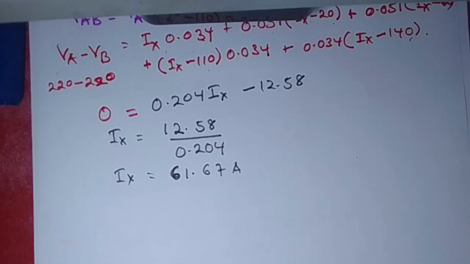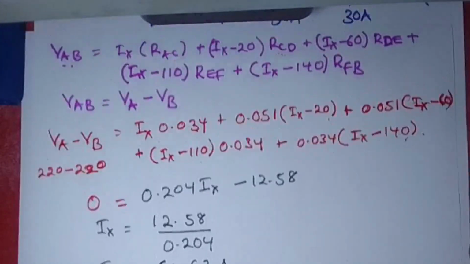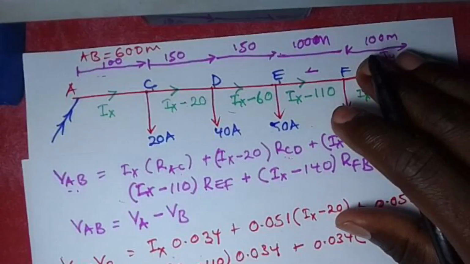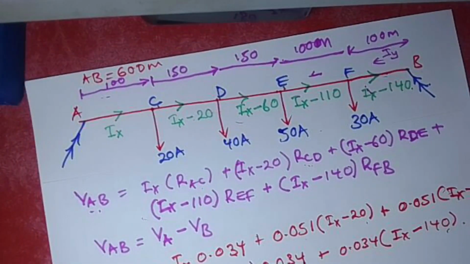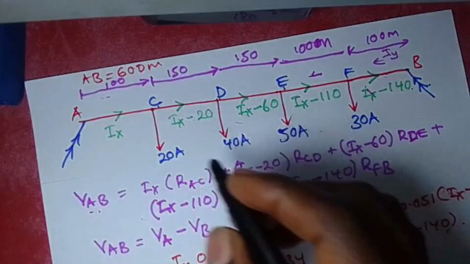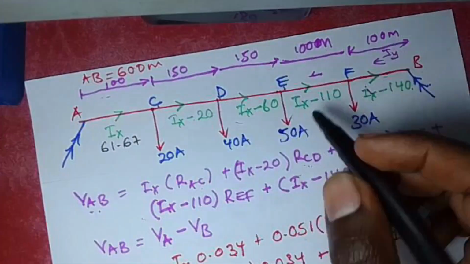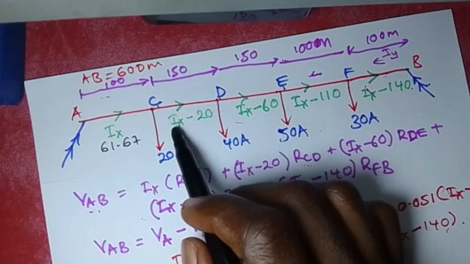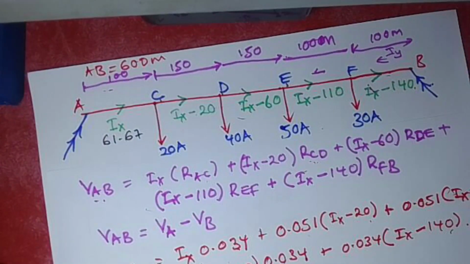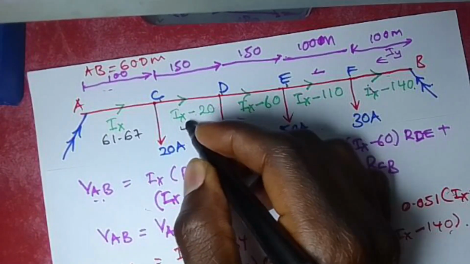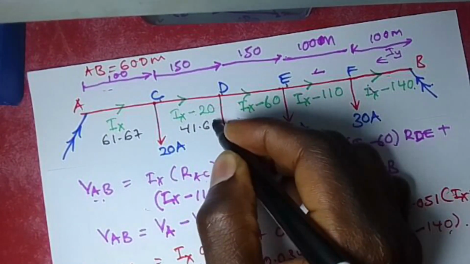So from there, you can proceed. Now, when we find the current Ix, you can go back to this graph here, as we had drawn earlier on, and feed in your respective values of Ix. For example, my first value of Ix is 61.67. Now here, after subtracting Ix minus 20, I'll have 61.67 minus 20, and I'll get that the value here is 41.67.